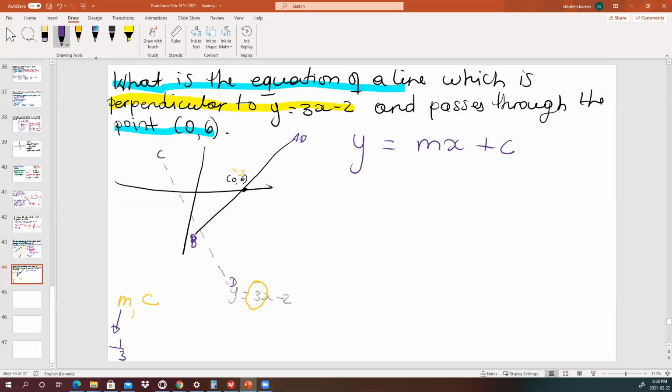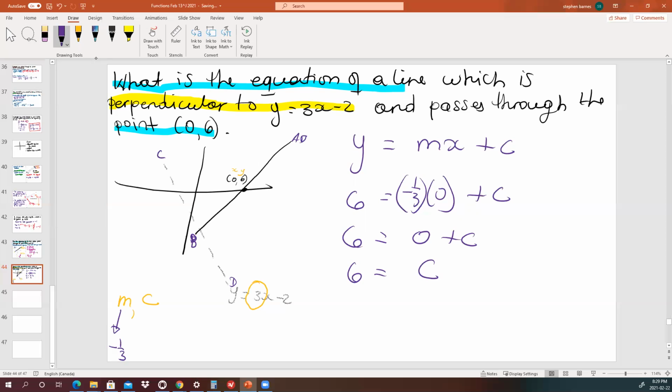Y is 6, m we found to be -1/3. So I can put -1/3 multiplied by x, where our x is 0 in this case, plus c. Usually I would work this out, but anything times 0 is 0. So 6 is equal to 0 plus c, so 6 is equal to c, right?